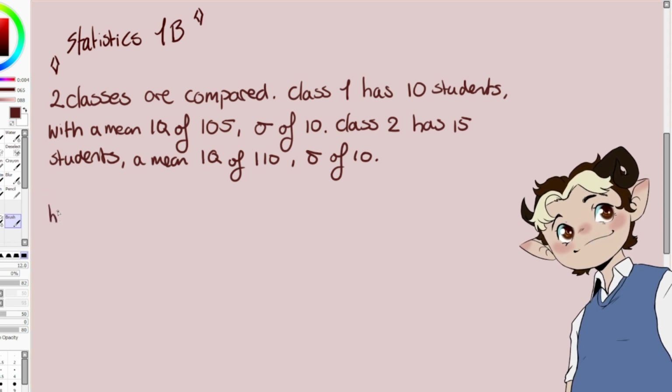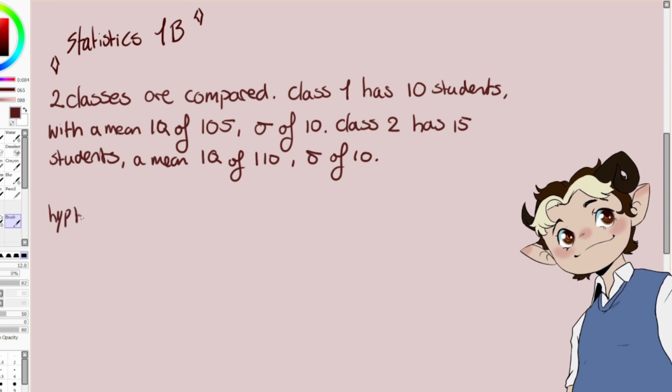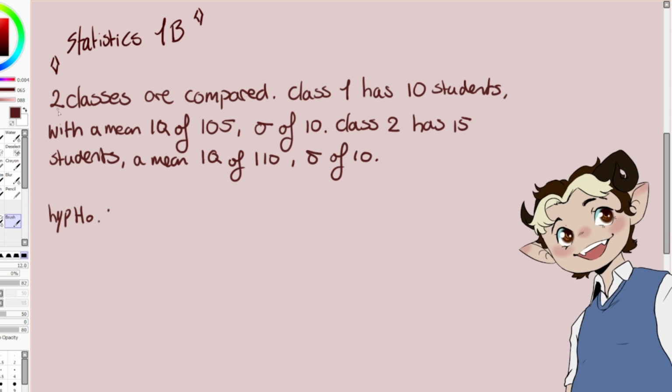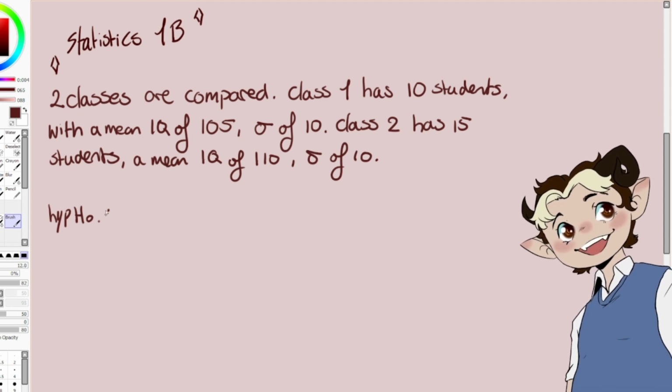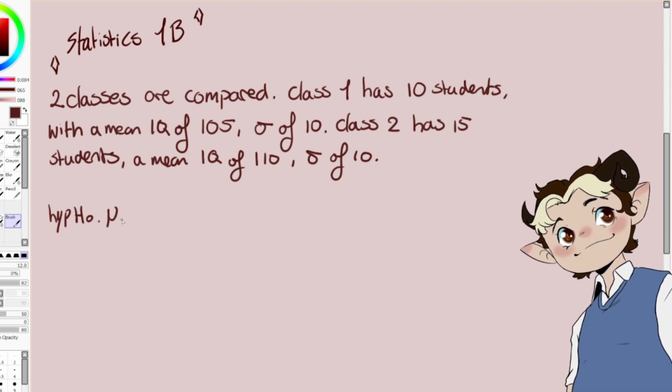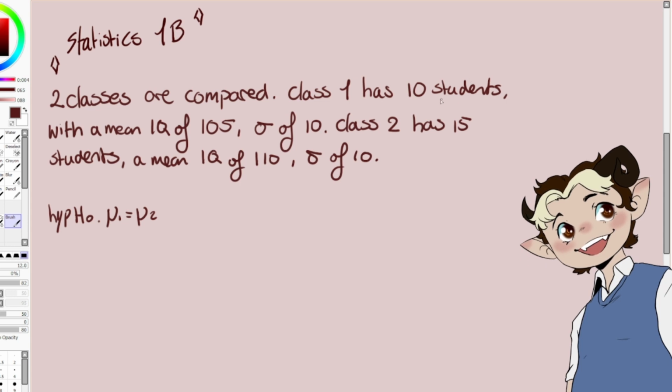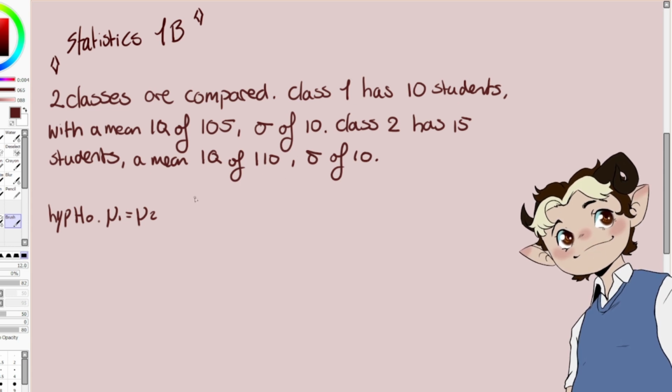Our null hypothesis would be that class 1 and class 2 have the same mean score. So mu 1 equals mu 2. They would say the difference between class 1 and class 2 isn't there.